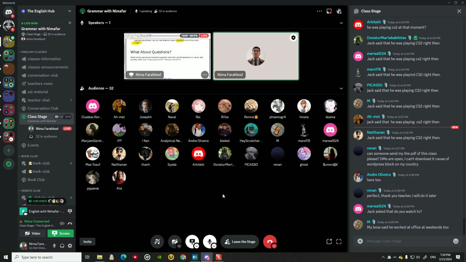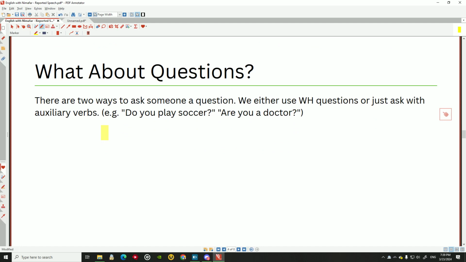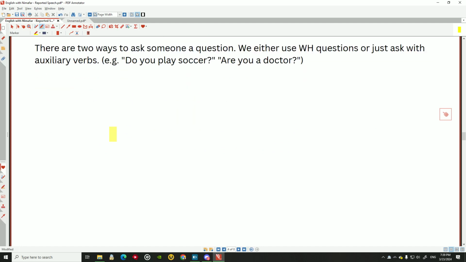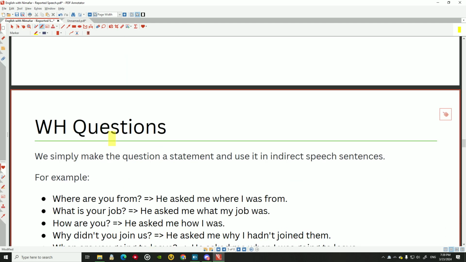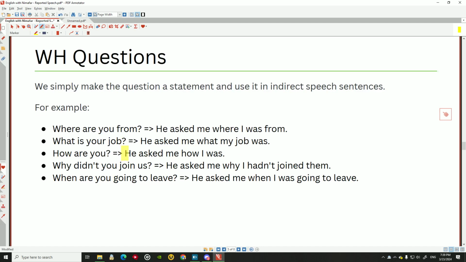Okay, very good. So let's also cover the examples here. We're going to learn about questions. We simply make the question a statement. Change it to a sentence. For example, where are you from? Change the position of the verb and the subject: where you are from, a sentence. Then change everything.